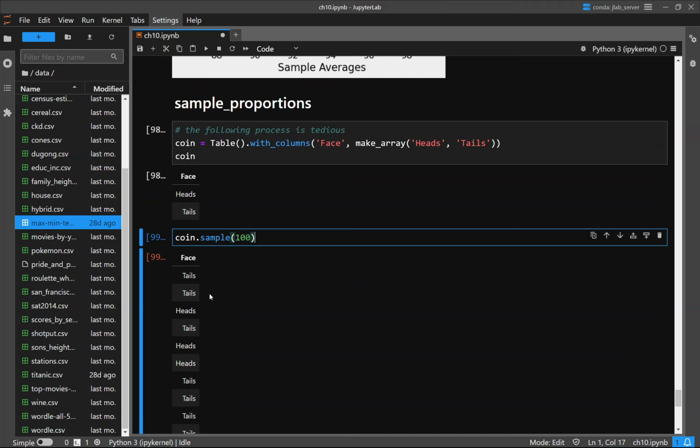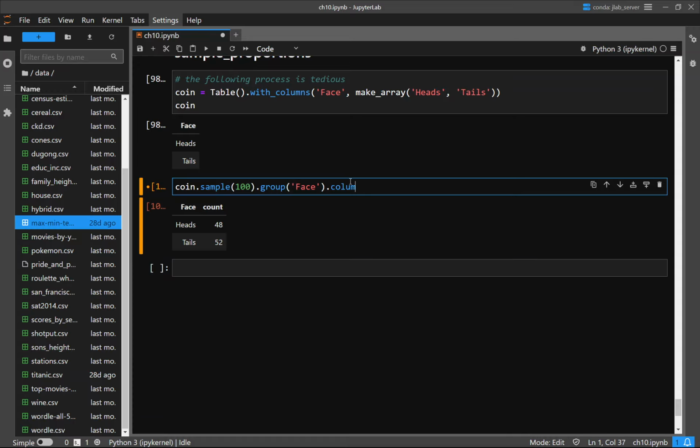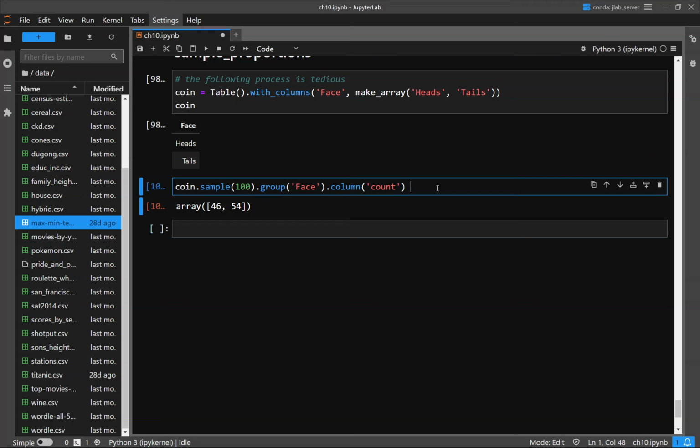And then I want to count the proportion of heads and the proportion of tails from this sample. So I can group to get that. I can group by the face. That's the only thing there. And there are my counts. If I want a proportion, I could go in and say, give me the column called count, and then I could divide by the sample size, because I can do that kind of math on an array.